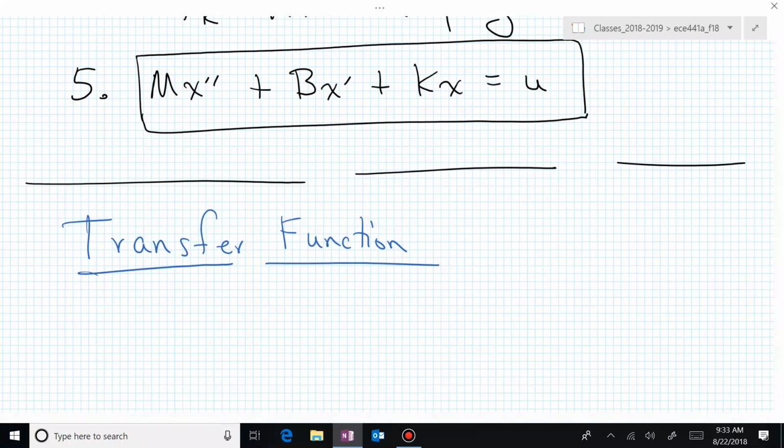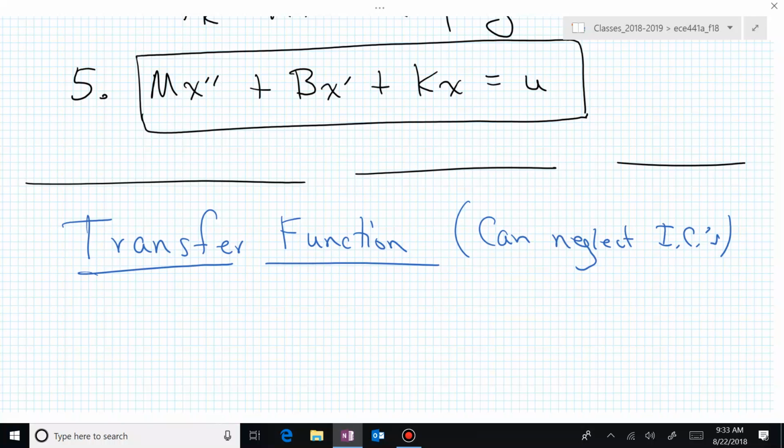We're not trying to solve for the time response yet, so we don't need to worry about initial conditions. To find the transfer function, we can simply neglect the initial conditions. We want a system behavior description, not the total response solution.